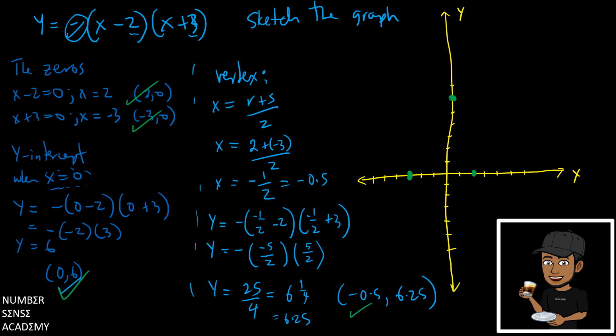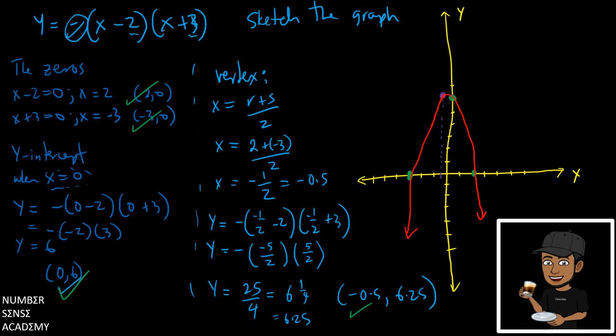So negative 1/2 is about right here, and 6.25 is about there. So that's the vertex. And now I can graph it. So boom, all the way down. And since that's the vertex, I'm going to drop off right away. And that's what it looks like.